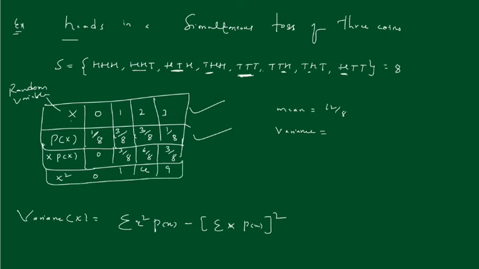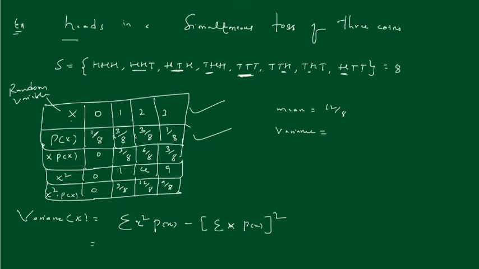Now x square into px value is 0, 3 by 8, 12 by 8, and finally 9 by 8, right? So just substitute in the formula, what do we get?